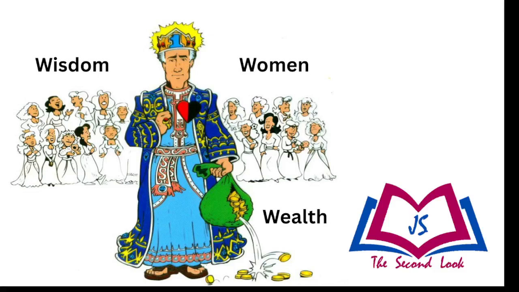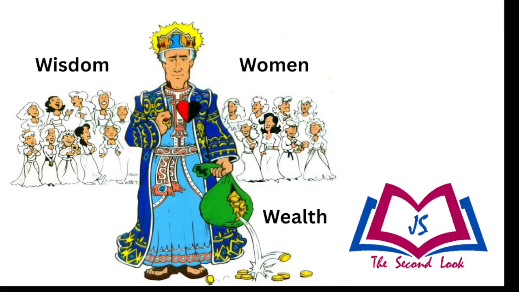He starts out really well, but eventually the women, the wealth goes to his head, and he begins to do things that are not pleasing to God. You will notice that he's holding a bag of money, and that bag of money is split. All right? That's to remind us that the kingdom is going to be split in 2 upon his death.